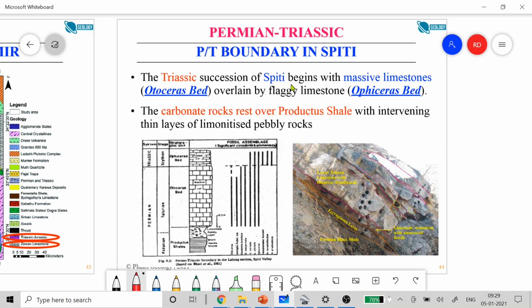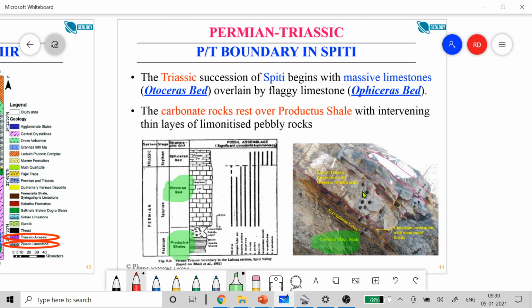So the Triassic succession begins with massive limestones, which are autocerous bed, overlain by flaggy limestone, which is ophicerous bed. Okay, so you have productus shales underneath. Productus again is Permian. On top, you have autocerous massive limestone bed. So these are Permian black shales. Again, you can see here they're named black shales, maybe due to weathering on top.